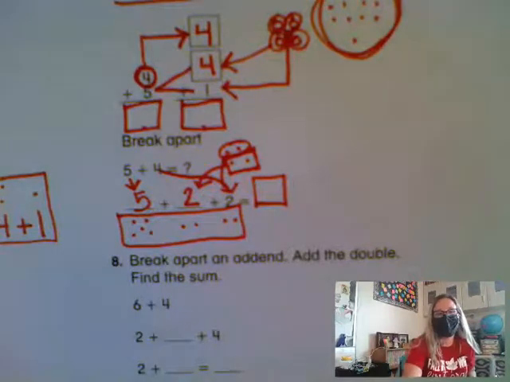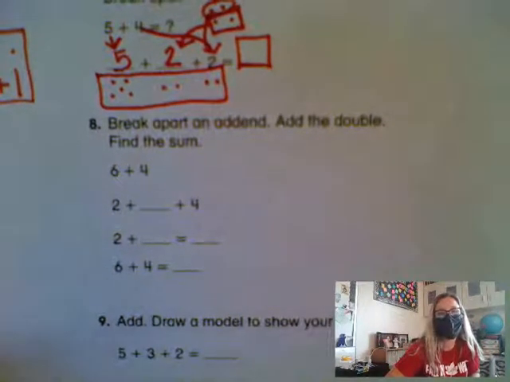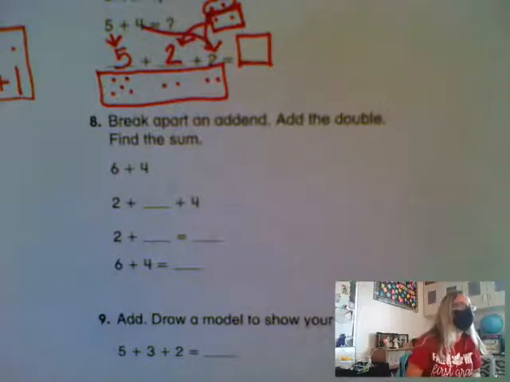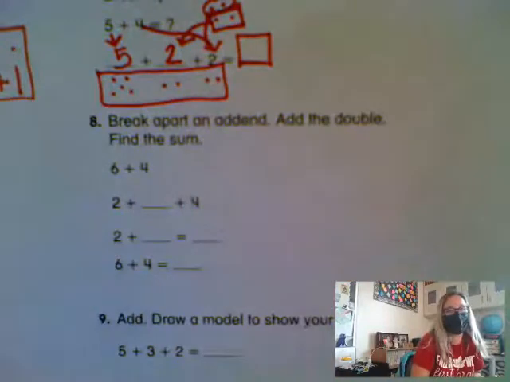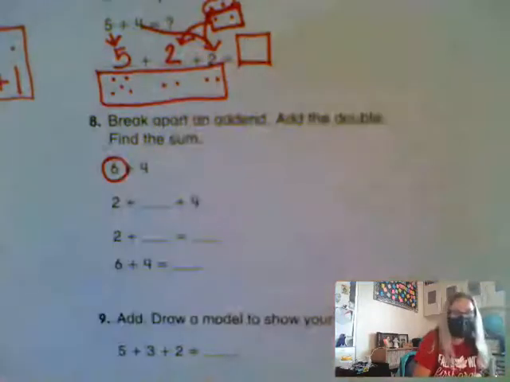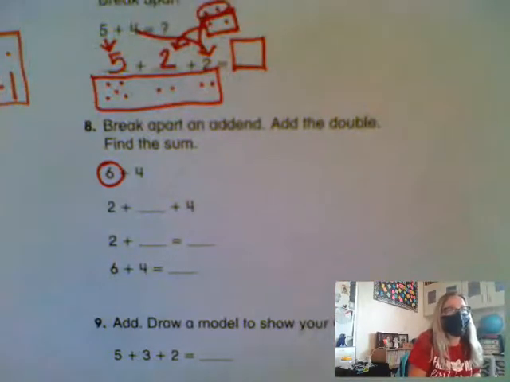All right, looking at number 8. Number 8 says break apart the addend, add the double, find the sum. So we're looking for the sum of 6 plus 4. They want us to take this 6 and break it apart so that we end up with a double.